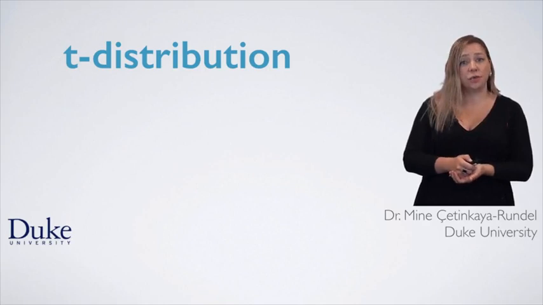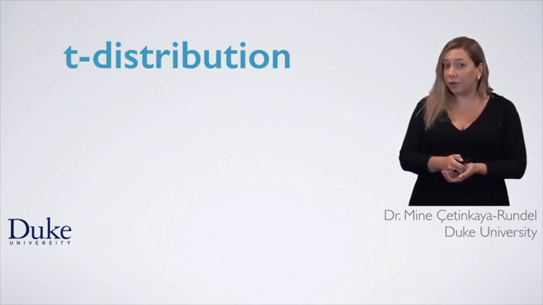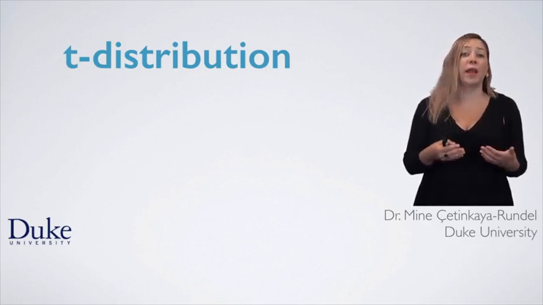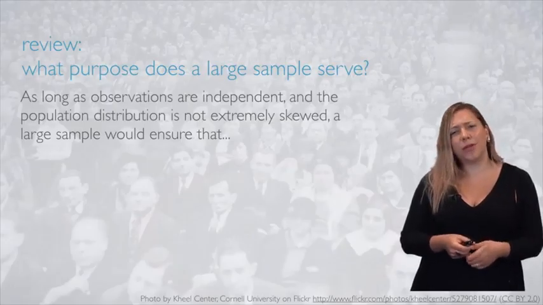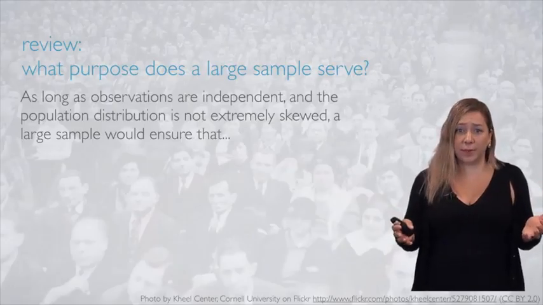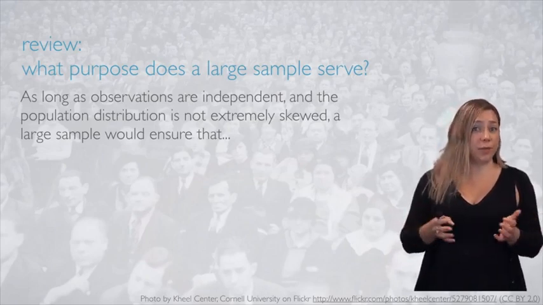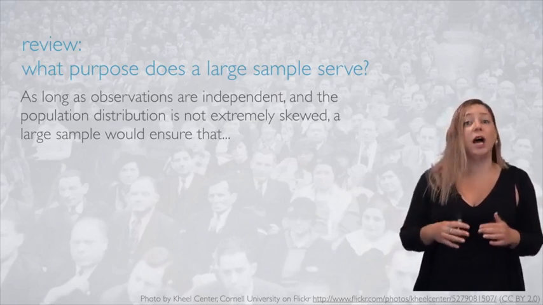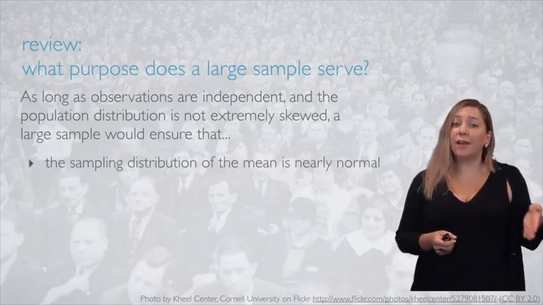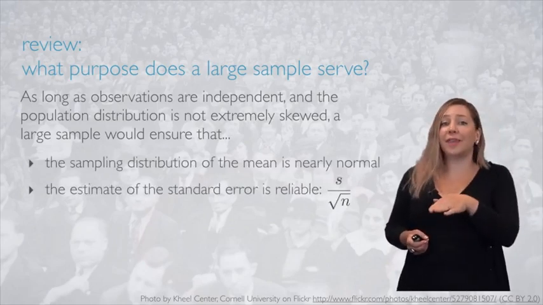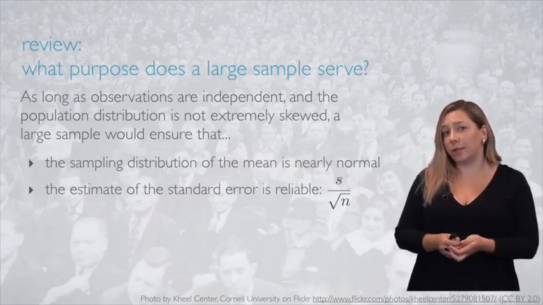We'll start our discussion with a review of conditions for inference so far as a motivation for why we need this new distribution. What purpose does a large sample serve? As long as your observations are independent and the population distribution is not extremely skewed, a large sample is going to ensure that you have a sampling distribution of the mean that's nearly normal and that the estimate of the standard error is reliable.